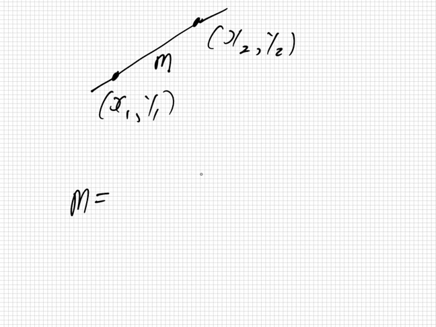Anybody want to give it to me if they know it? x1 minus x2... Go on, continue. Plus y1 minus y2. You're so very close. So it's y2 minus y1 over x2 minus x1. So the y over the x. Okay, so please note this.